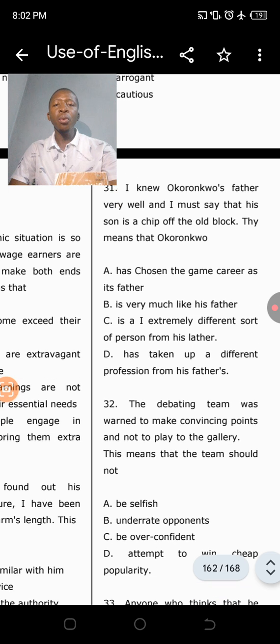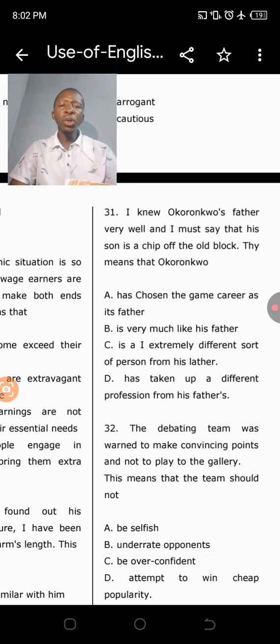Okay? Now, question 31. I knew Okonkwo's father very well, and I must say that his son is a chip of the old block.